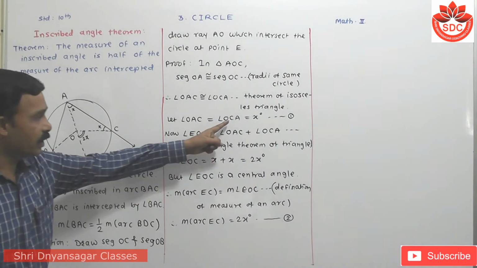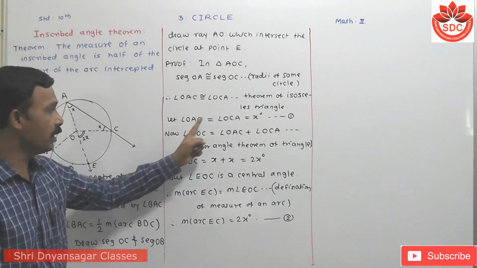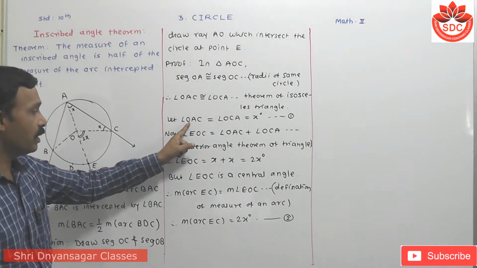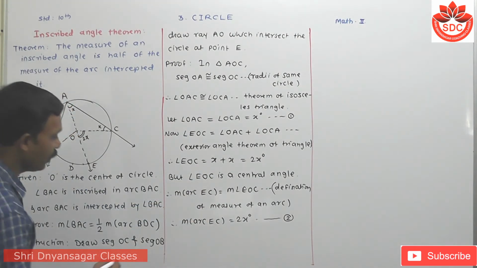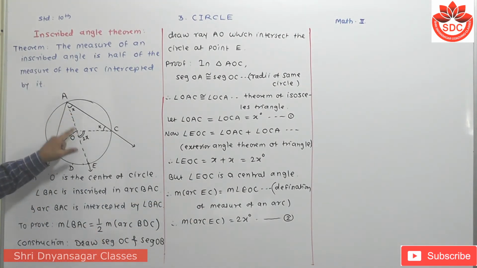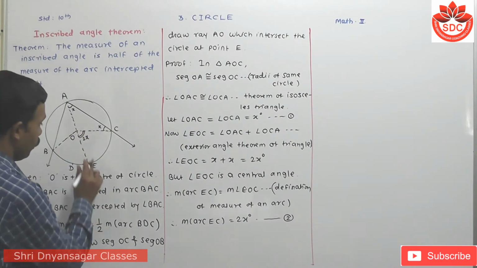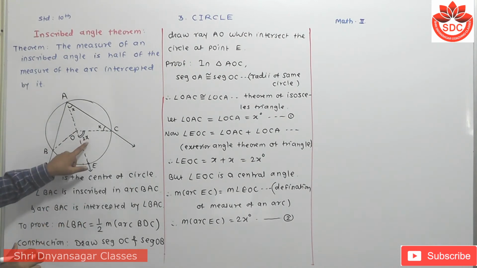Student, when we observe equation first and second, we conclude that this angle OAC is x and this arc is twice x. Means that OAC is half of this arc. So I have to write here: half of twice x is angle x.